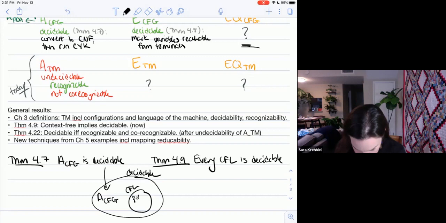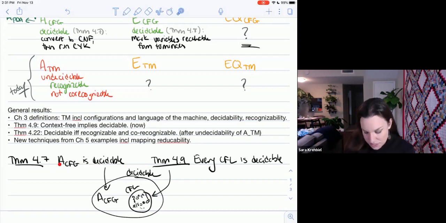So we have 0^n 1^n, we have the number of ones equals the number of zeros, and lots of other things. And so theorem 4.9 says that all of those languages are decidable languages. So understanding how the statement of theorem 4.7 corresponds to this result, and the statement of theorem 4.9 corresponds to this result, that's important, that you should be able to understand that.